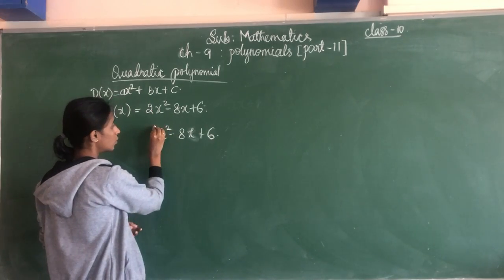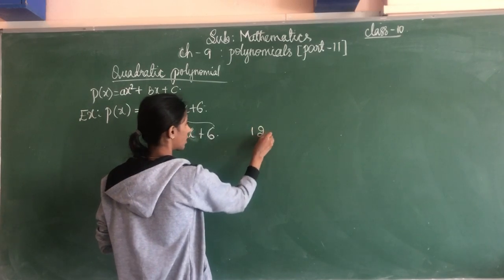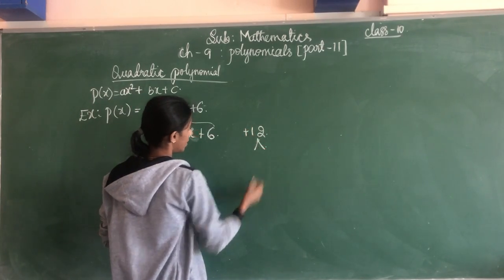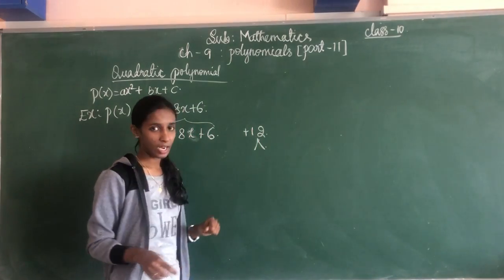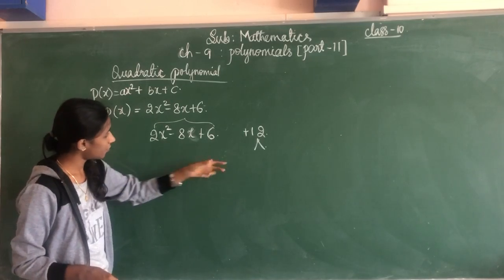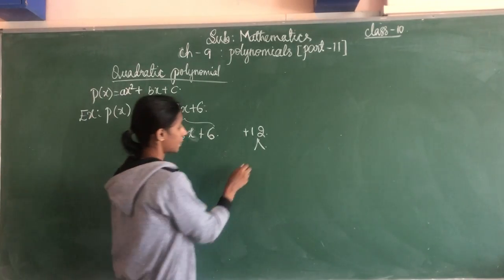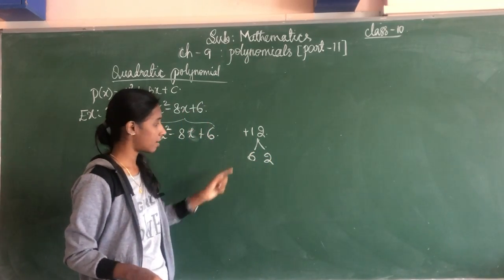What is it you have to do? You have to multiply 2 into 6, which is 12. It is plus 12, since you have plus and plus. Now, when you take any two numbers and multiply, you should get 12, and you have to see this condition also: you have to get 8 when you add or subtract those two numbers. If I take 6 and 2, 6 into 2 is 12.